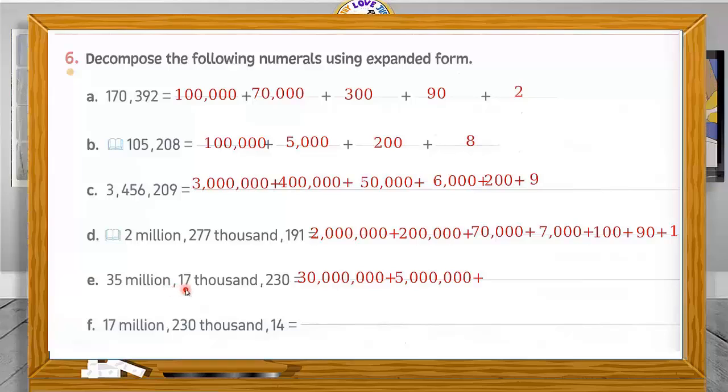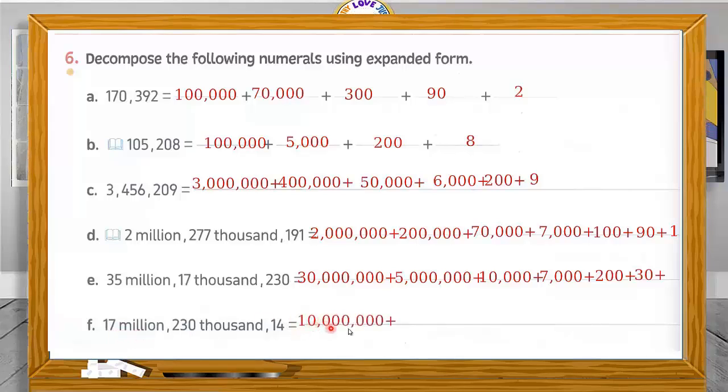And the next period, we have 17. In tens, we write 1, write 10,000. And in 1,000 place, we have 7, write 7,000 and 230. Next one, 17 million. 1 and how many zeros? 7 zeros, because million is 6 zeros and the 10 adds 1 more.